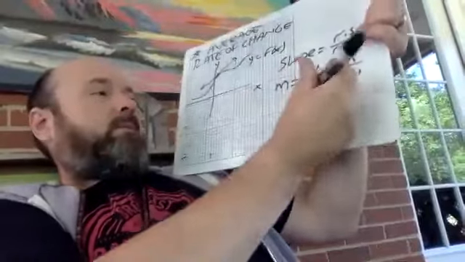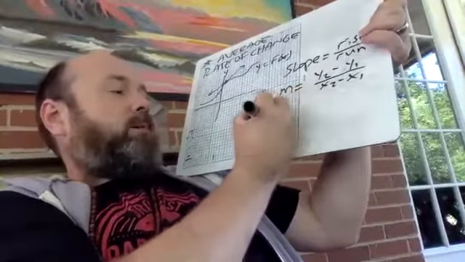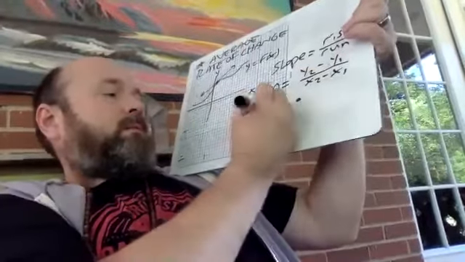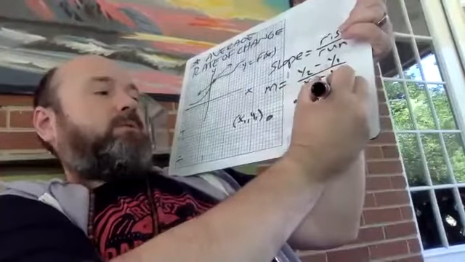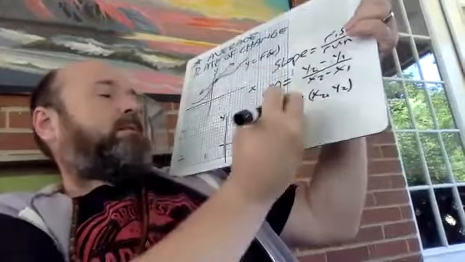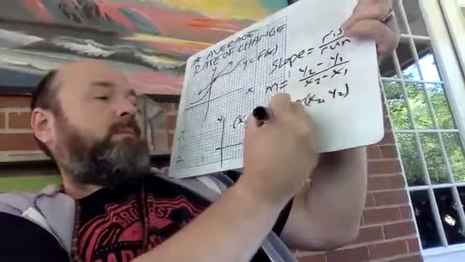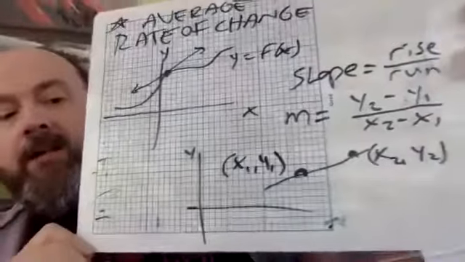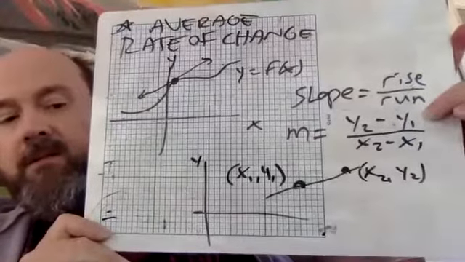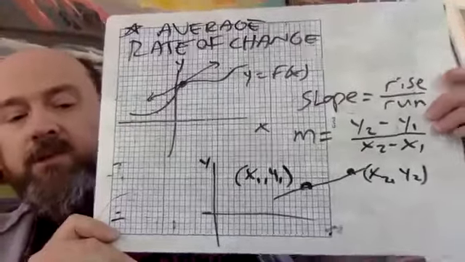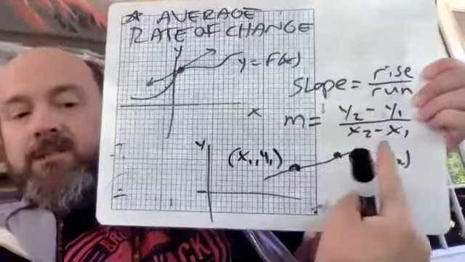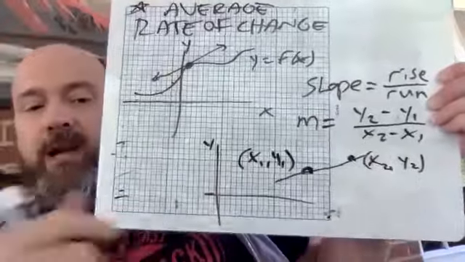Well, that's because you have some point, x1, y1, some other point, x2, y2, on the xy plane, and you draw a line between them. And then you calculate the slope here, right? You'll remember that from geometry and stuff. Cool? So you take those numbers, the y coordinates, take their difference, subtract them, do the same with the x coordinates, take the ratio, the fraction, and you get the slope.